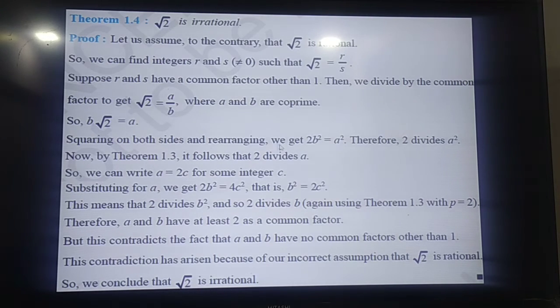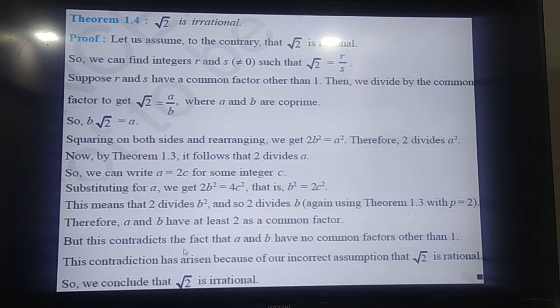So in the first case a has factor 2, and in the second case b has factor 2. In this case 2 divides a, and in this case 2 divides b, means in both cases a and b have at least one common factor, that is 2, which contradicts our fact that we have taken a and b to be coprime numbers.